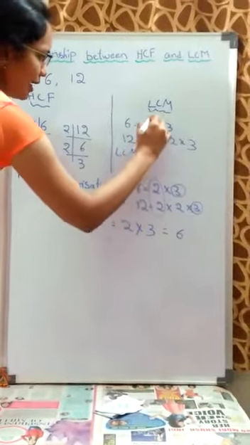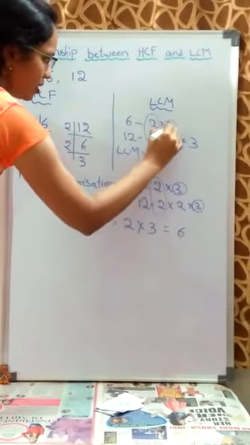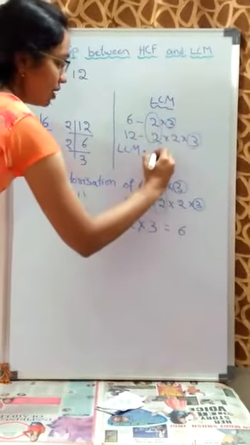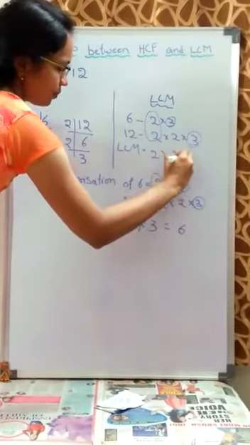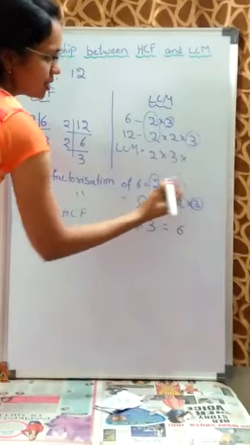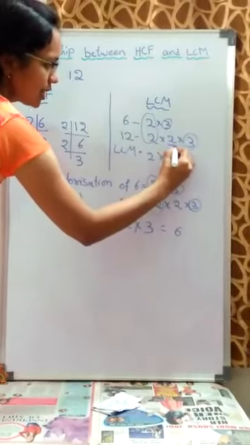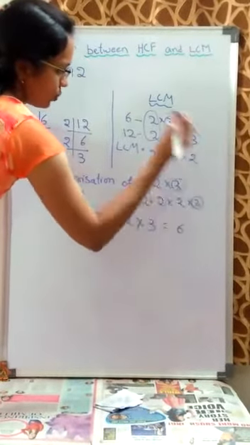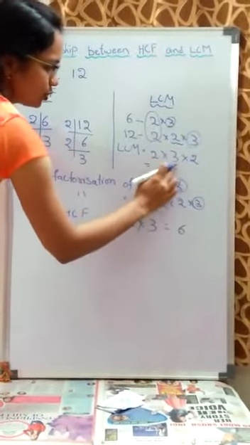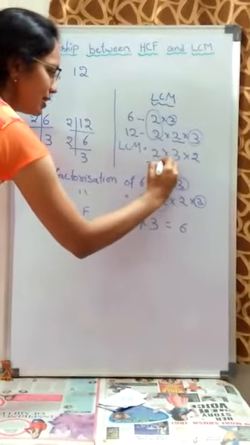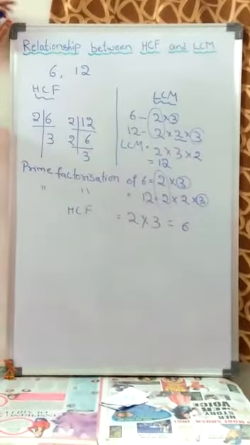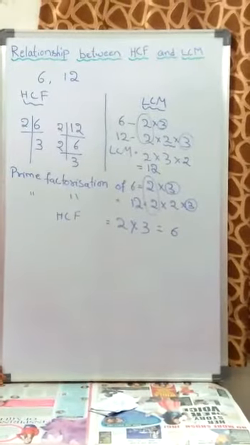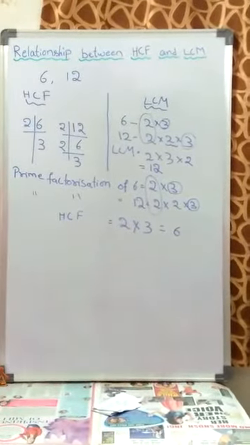In order to find the LCM, we'll take the common terms once and even the leftover term also. That is 2 into 3, and the term that is left over is nothing but 2. 2 threes are 6, 6 twos are 12. So 12 is the LCM for these two numbers, 6 and 12.